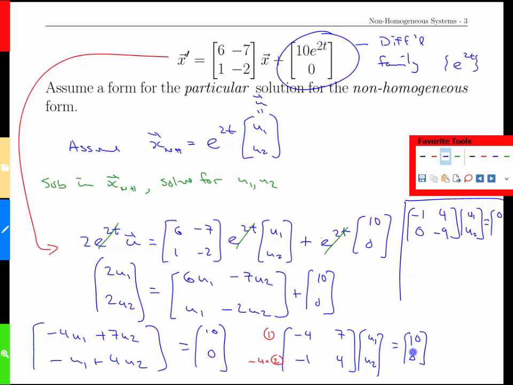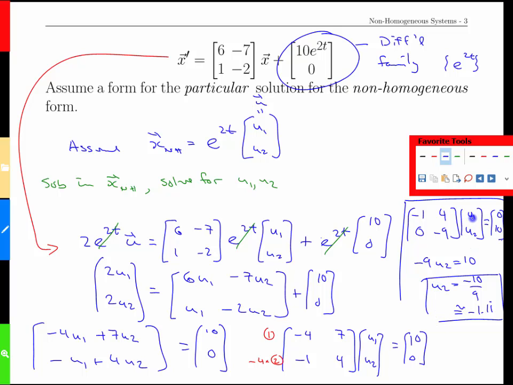On the top is our first equation, and then this minus 4 times that, so that's going to be 10 again. Having done that, we end up solving and getting minus 9u2 is equal to 10, so u2 is equal to minus 10 ninths, or around minus 1.11, etc.